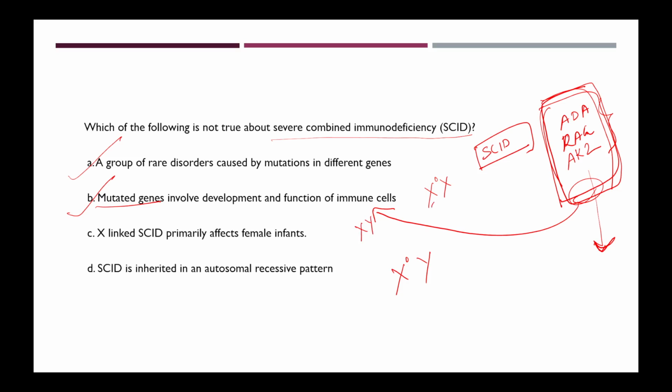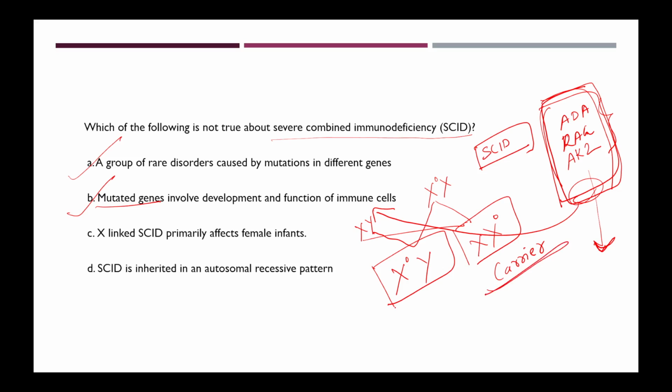However, in the case of a daughter, it will be like this. So daughters are mostly carriers in an X-linked disease, but in males, whenever they take this chromosome, it primarily affects the male infants. Okay, the word primarily is given. So X-linked SCID primarily affects the male infants, right? Not the female ones.